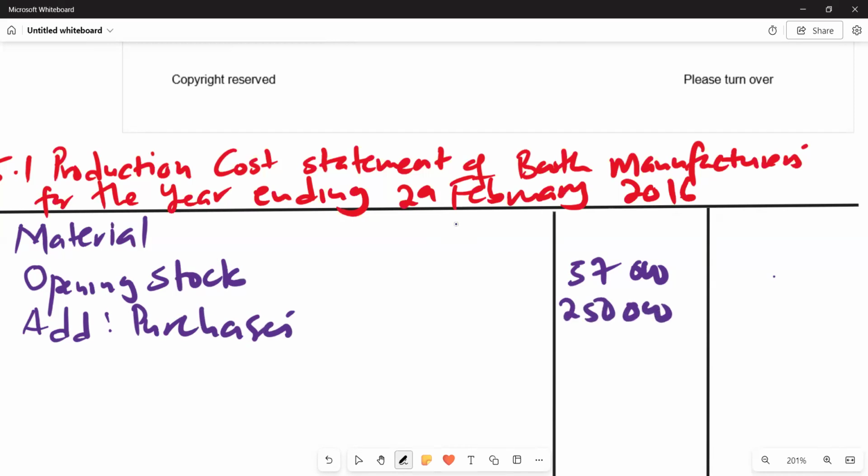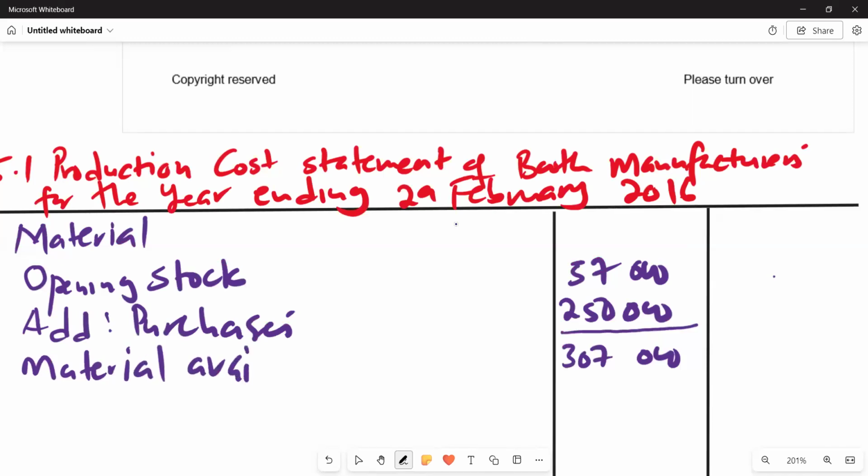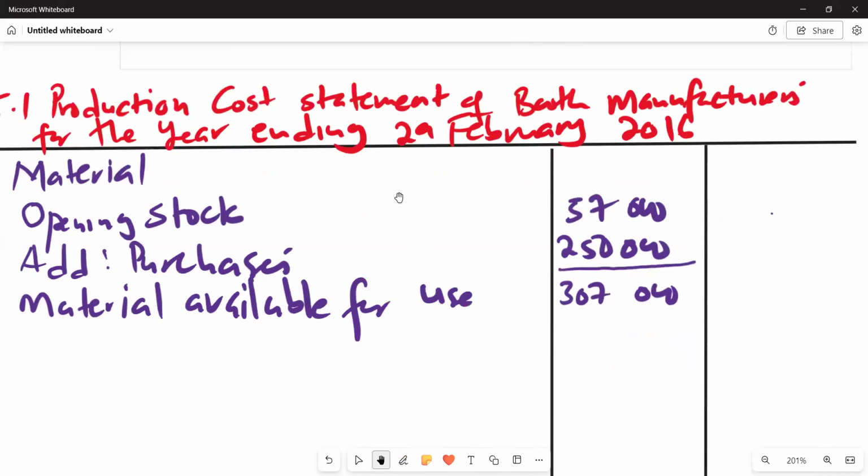And when we add the two, you get 307,000. And this is going to represent your material available for use. Then you now subtract your closing stock.